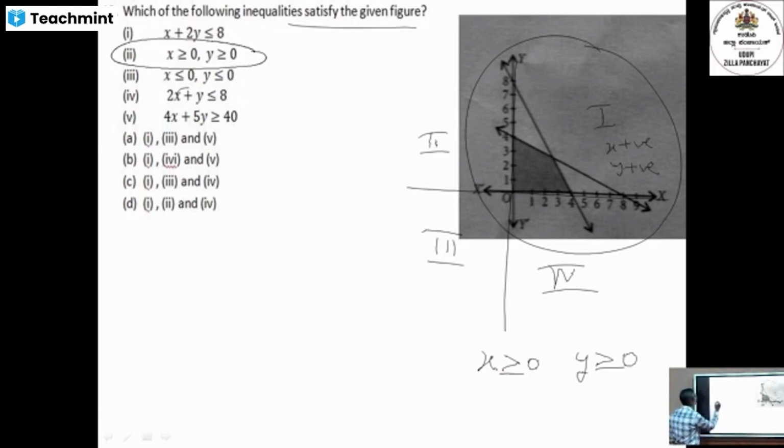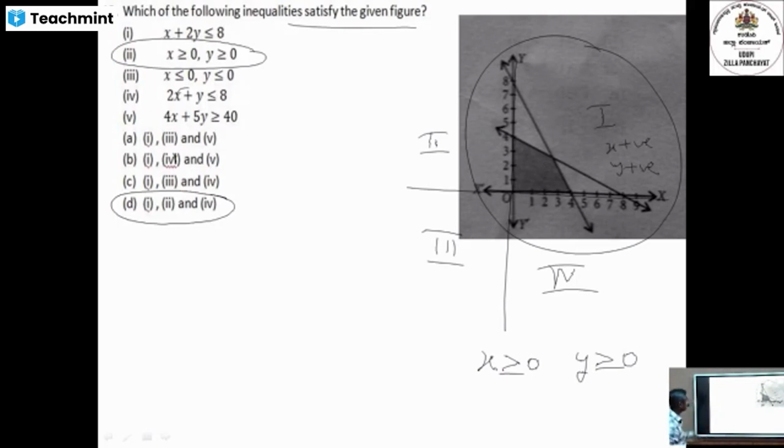So that means option 2 should be there. Option 2 is included in: 1, 3 and 5; 1, 4 and 5; 1, 3 and 4; 1, 2 and 4. So 2 is included only in option D.